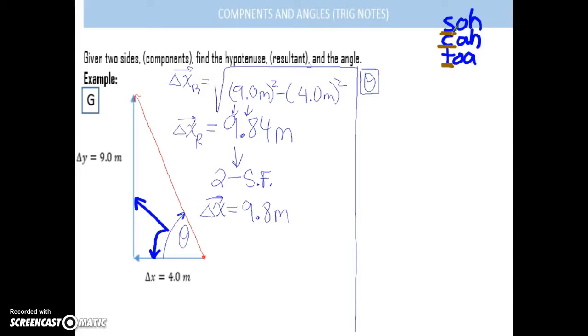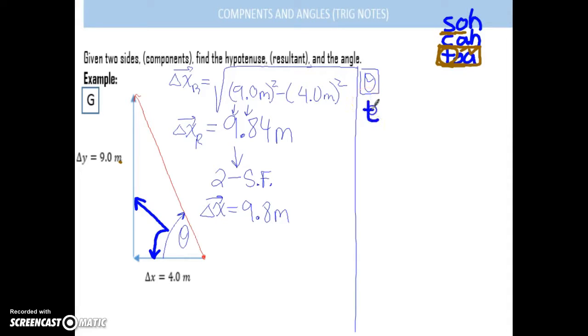We have the opposite, and we have the adjacent, so that's the equation we use. We have the opposite, we have the adjacent, we need to find theta using tangent of theta, and then isolating theta by itself.